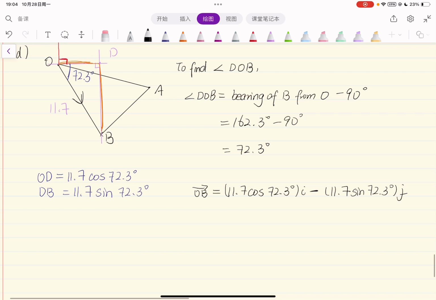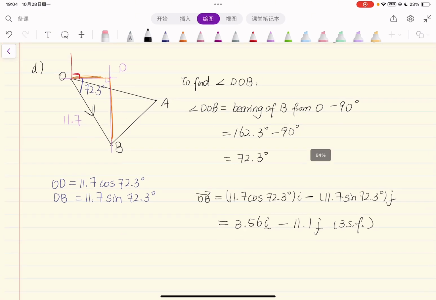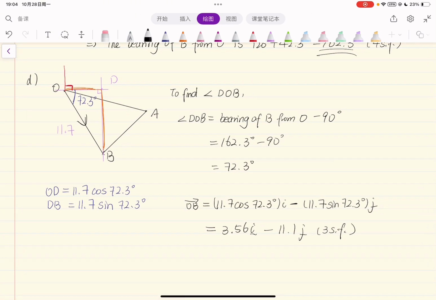That equals 3.56 i minus 11.1 j to 3 significant figures. Oh, kilometers. I forgot to write the kilometers.